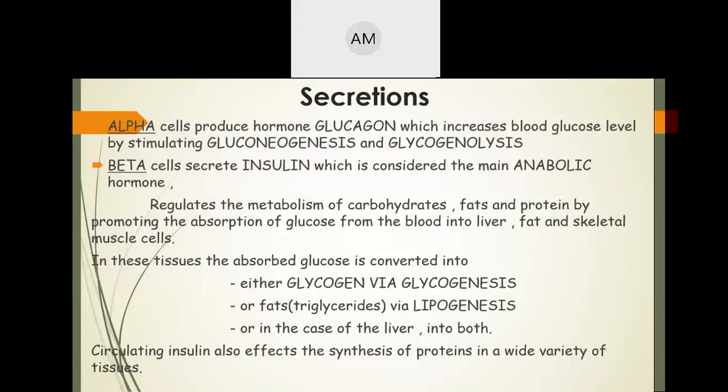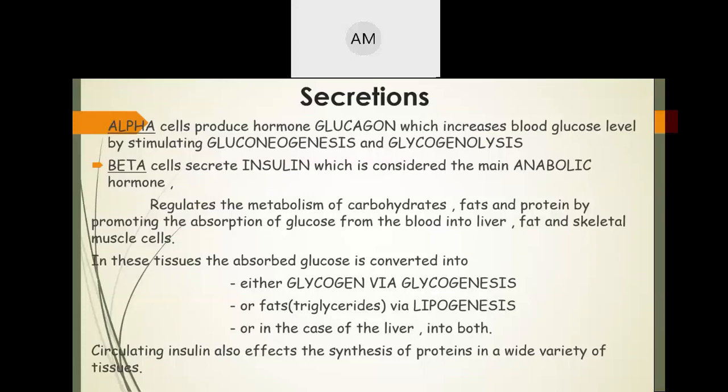So this is an anabolic hormone, responsible for the production of tissues from small particles such as amino acids and triglycerides, such as the formation of proteins and fats.